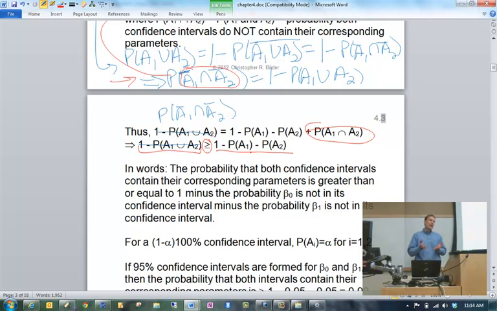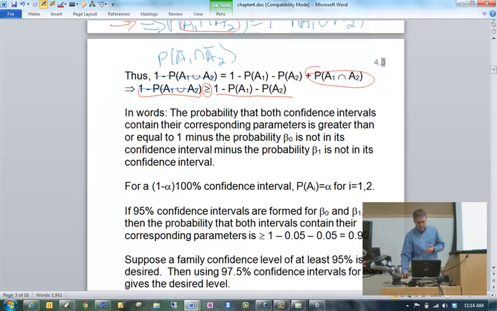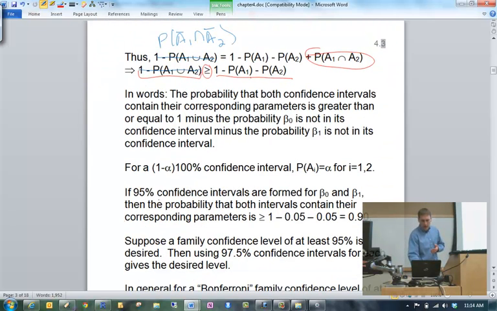So in our application, this is how this is going to help us. If I want to find, let's say I found 95% confidence intervals for beta 0 and also one for beta 1. So that's the individual confidence level.